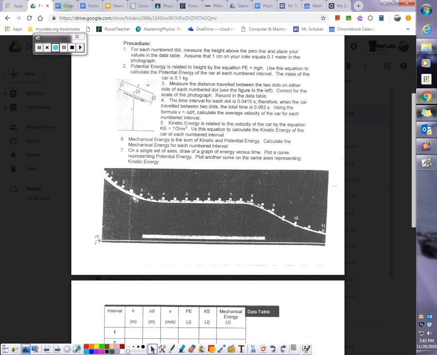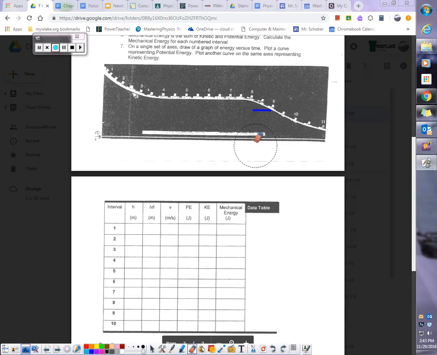If we're looking at 4 here, we measured the distance between here and here. So the time you're going to use is always 0.083 seconds. You divide the numbers in the distance column by 0.083 seconds, and that should give you an approximation of the velocity of the cart during that time interval. So 0.083 seconds each time, and that's how you get your velocities.